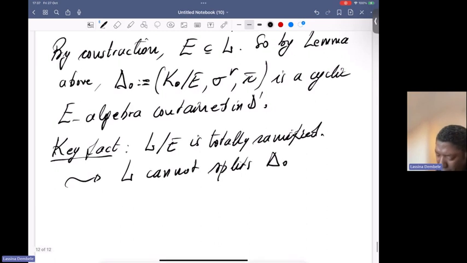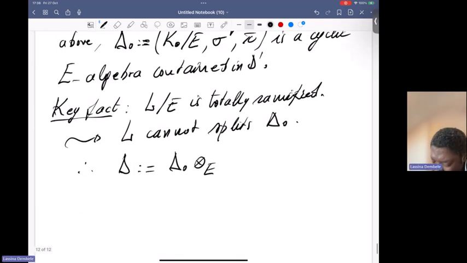And so if I let delta be the base change, if I take delta 0 and base change it via E to L, it is still a cyclic algebra.